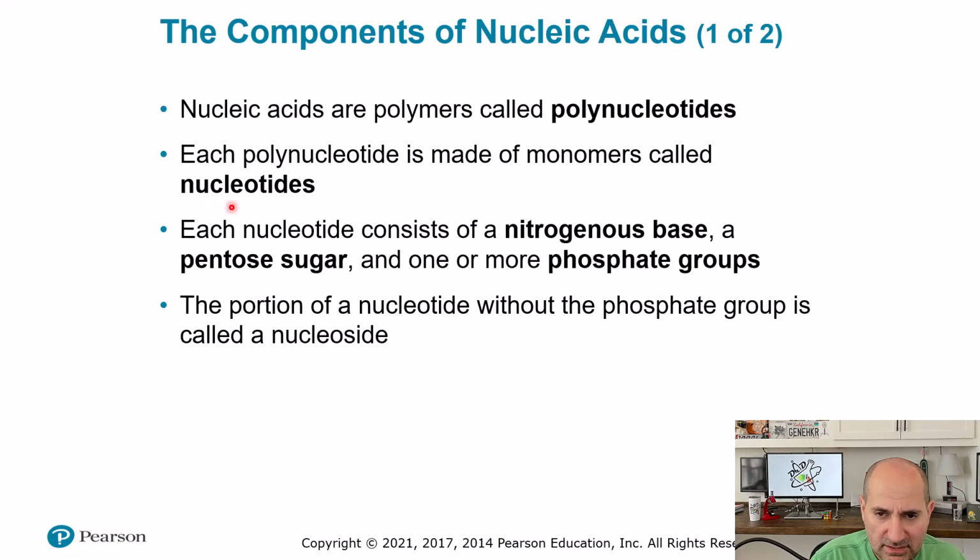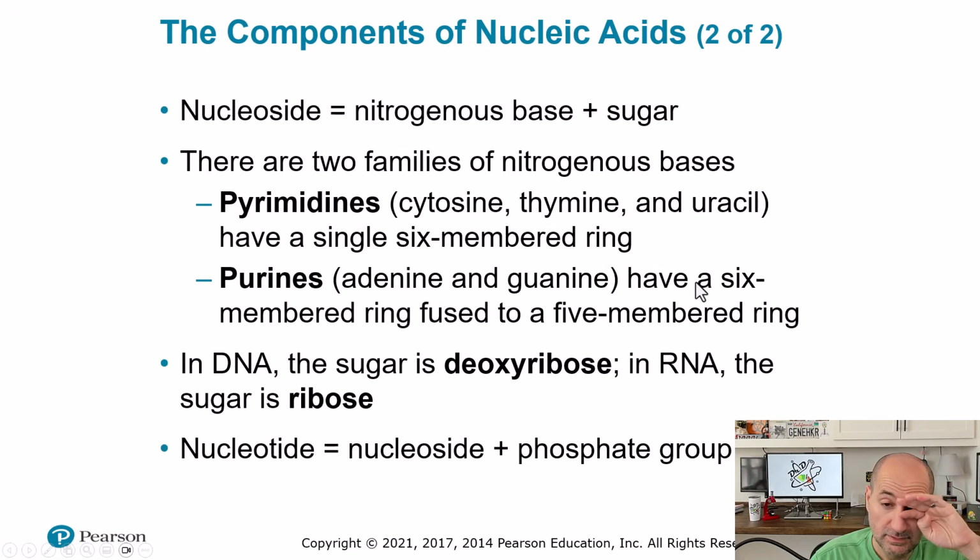Each nucleotide consists of a nitrogenous base, a pentose sugar, and a phosphate group. Remember, there are the pyrimidines, which include C's, U's, and T's, and the purines, which include A's and G's. Remember, in DNA, the sugar is deoxyribose, whereas in RNA, the sugar is ribose.